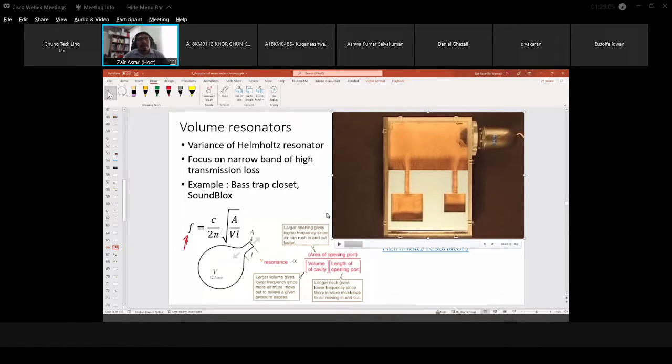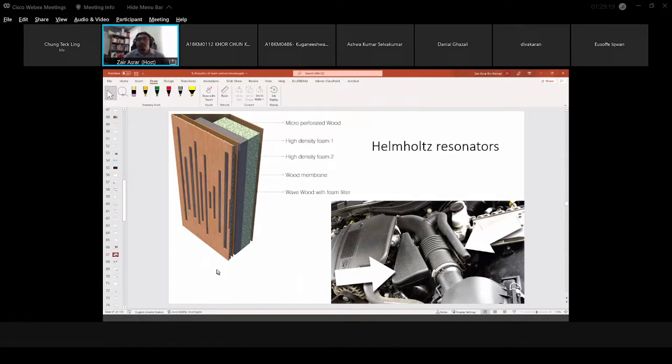Alright, so that is our Helmholtz resonator. Basically, we are using this a lot, but probably you will not notice that in action. One of them will be in your car, to reduce the intake noise, which is very high.